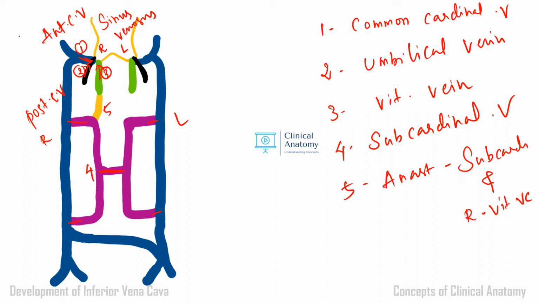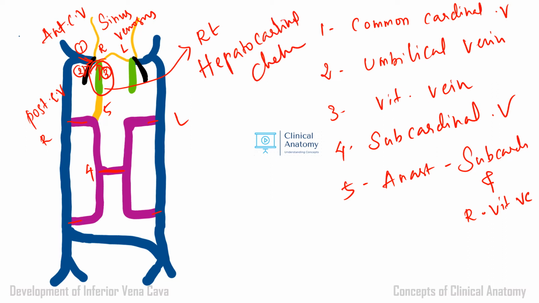This right vitelline vein will grow further to form the right hepatocardinal channel. The left vitelline vein and the umbilical vein will slowly regress. This right vitelline vein will develop further to form the right hepatocardinal channel.